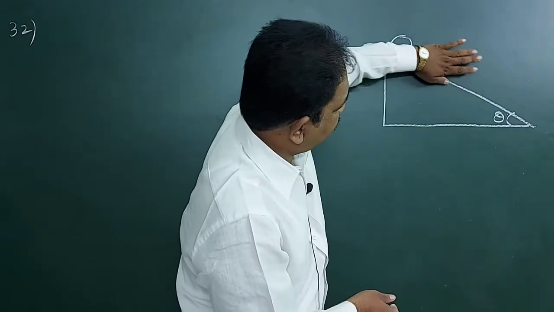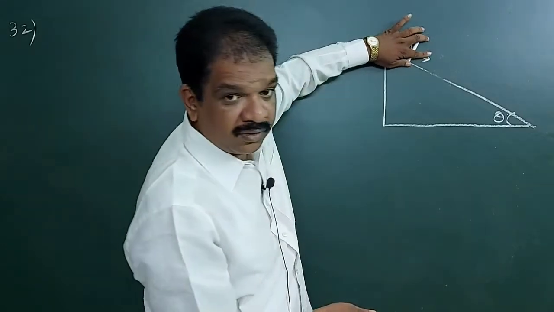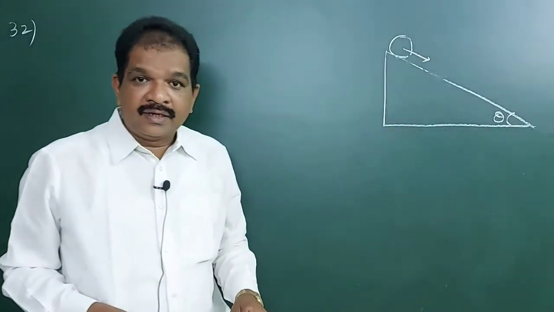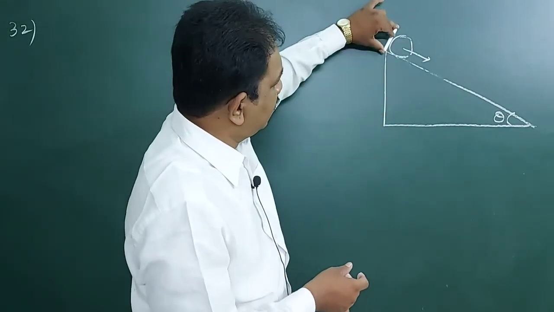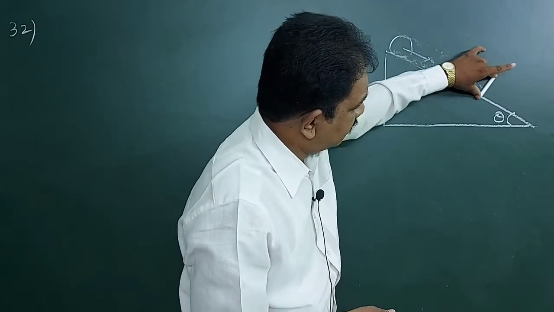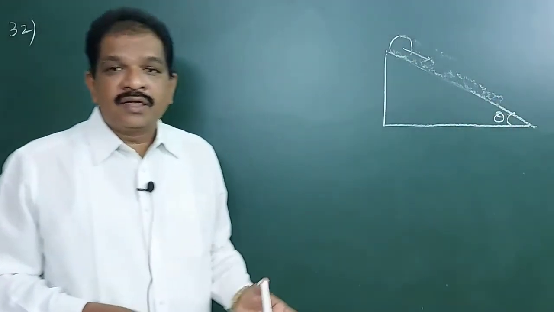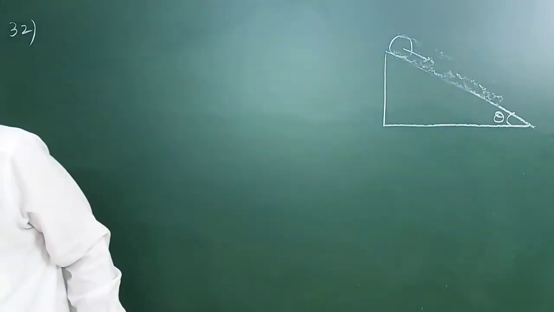Means by making rotations, it is coming down like this. Then it is having some acceleration. By rolling down, it is coming down. Later, without rolling means it is just coming down like this, sliding. What is the ratio of accelerations in those two cases?